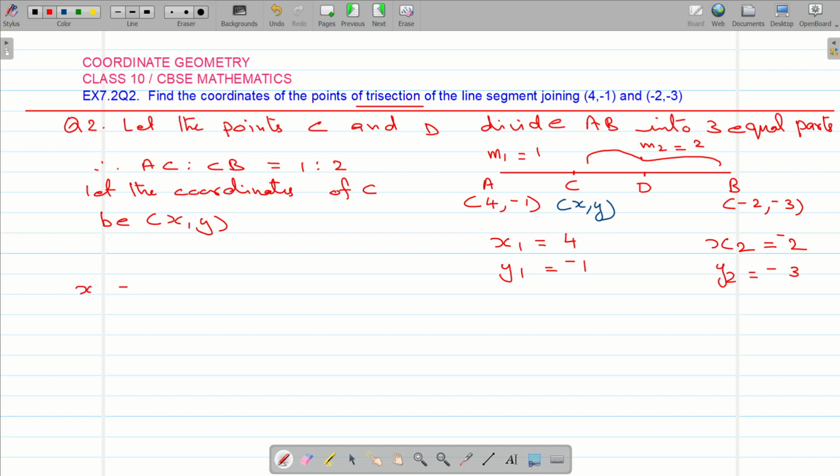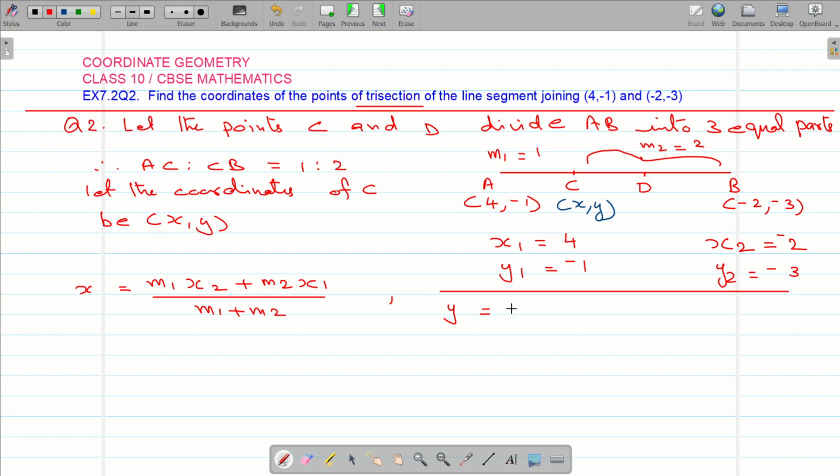So x is equal to m1 x2 plus m2 x1 upon m1 plus m2, and y is equal to m1 y2 plus m2 y1 upon m1 plus m2.